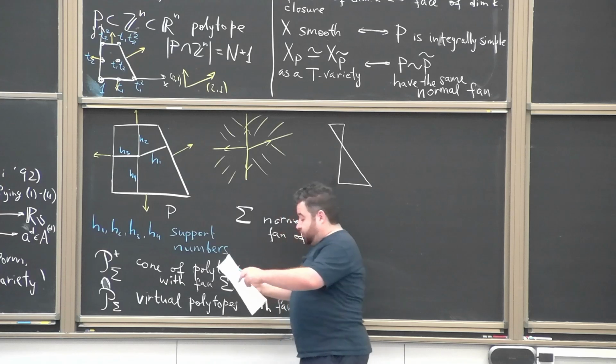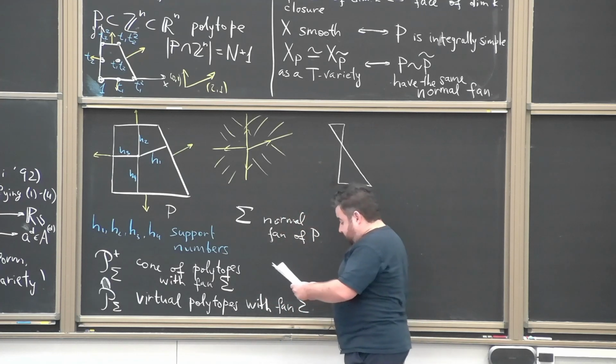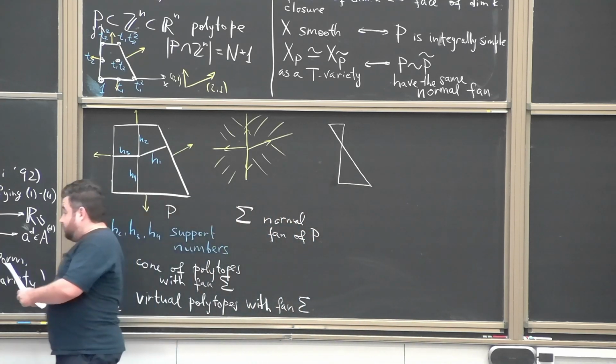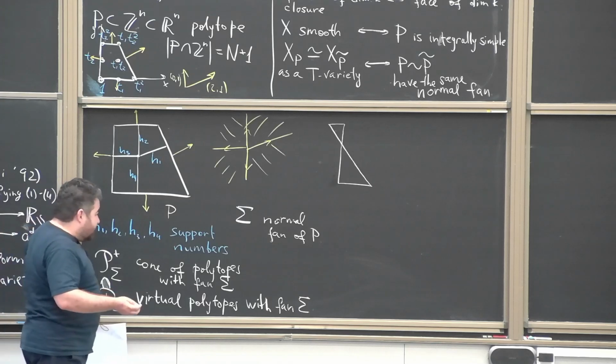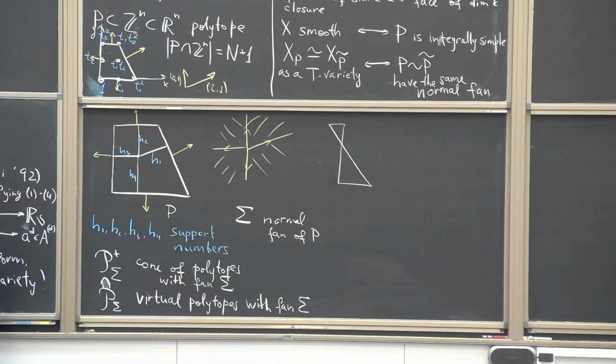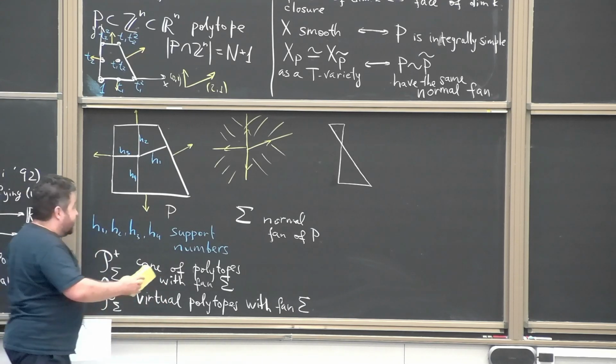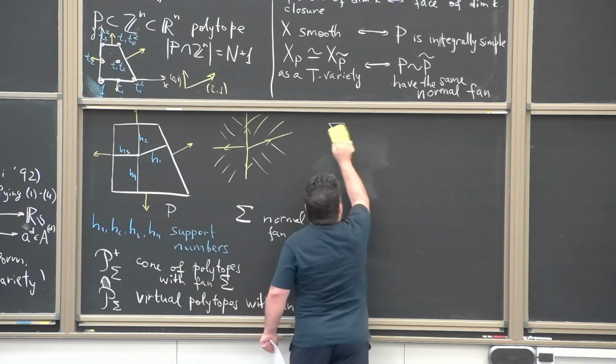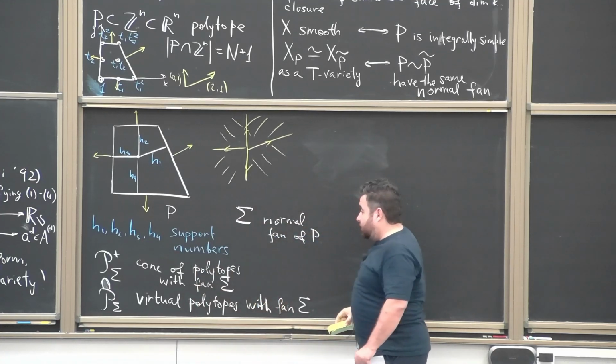Given these, in geometric terms, my embedding is a bunch of support numbers.